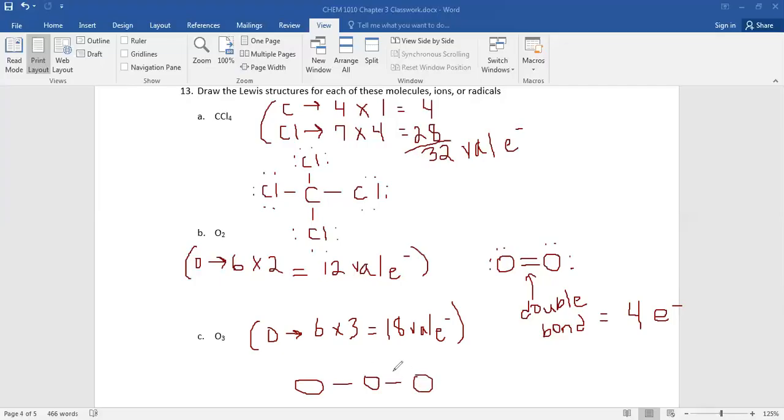Each of the single bonds represents 2 electrons. And then I satisfy the octet rule for each oxygen, placing electrons in pairs around each oxygen so that each oxygen is surrounded by 8 total electrons, satisfying the octet rule.